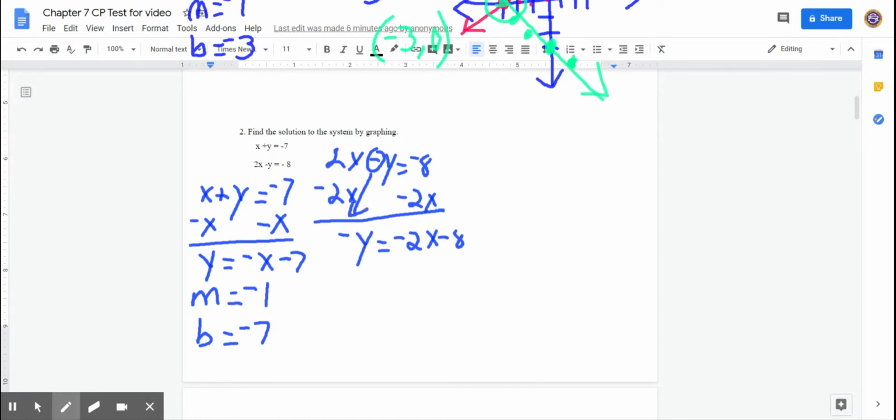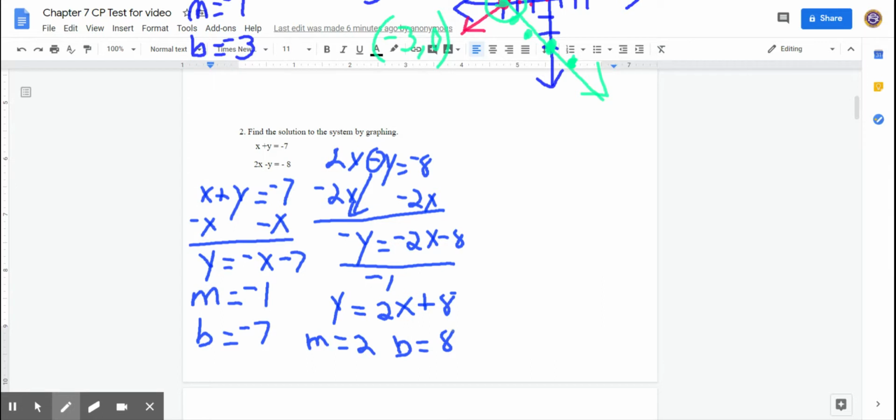Okay, so now we have to divide by -1 because we want to solve for y. So negative divided by a negative is a positive 2x, and a -8 divided by a -1 is a positive 8. So you have the slope is 2, and the y-intercept, which is b, is positive 8.